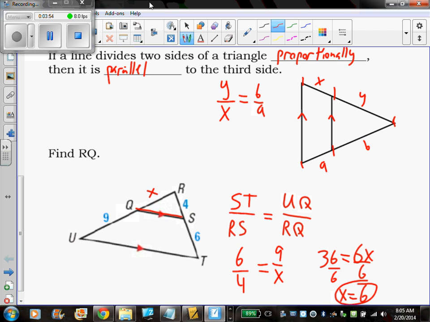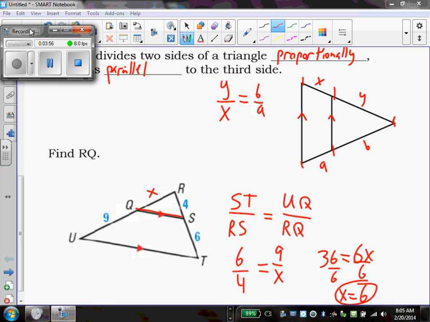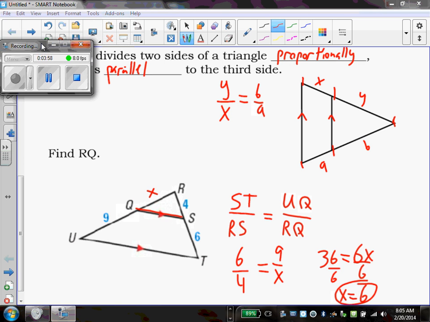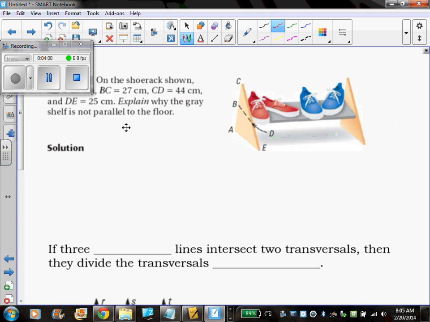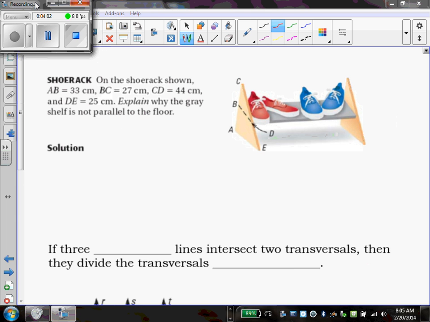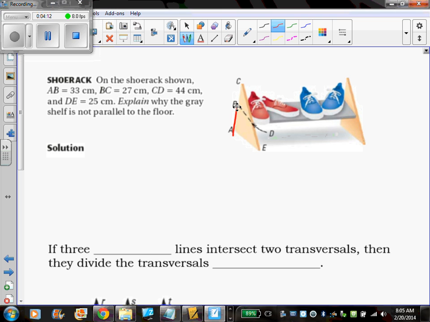All right, let's flip over to the other side of the note sheet then. Okay, so another example. On the shoe rack shown, AB, so this segment here, has a length of 33 centimeters.